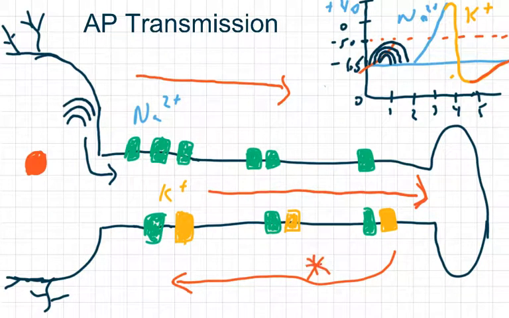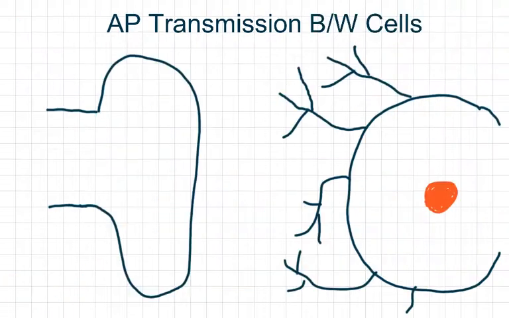And so this is the aspect that makes action potential propagation a one-way street. And so once the action potential reaches the synapse, we start moving into the point where the signal is transitioned from one cell to another.